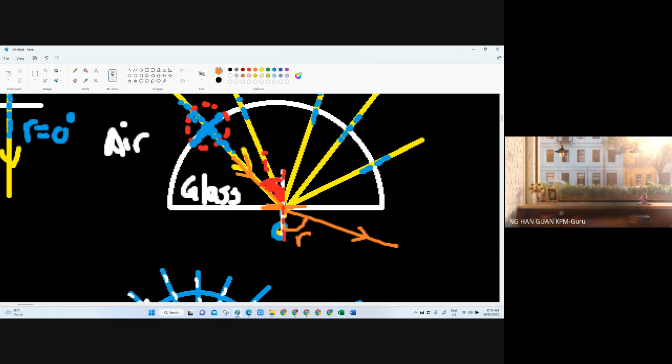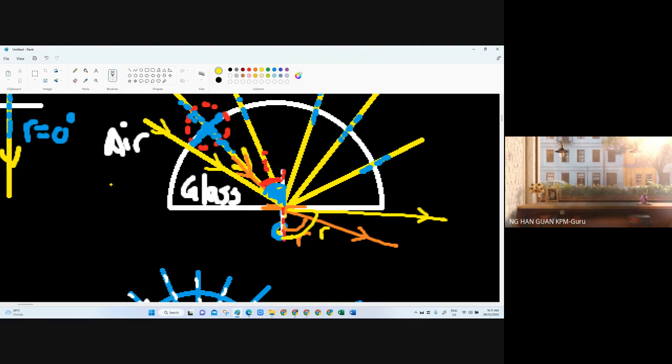In the case when we increase the incident ray further, to have another bigger incident angle, definitely it's going to deflect with a bigger angle. The R will be even bigger than before, because when the I increases, R also increases.